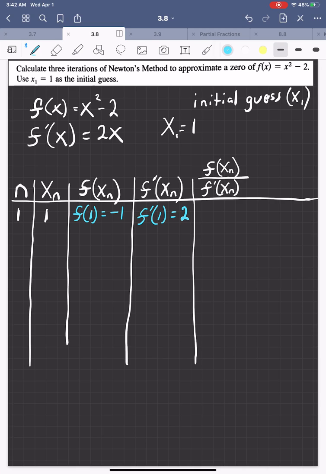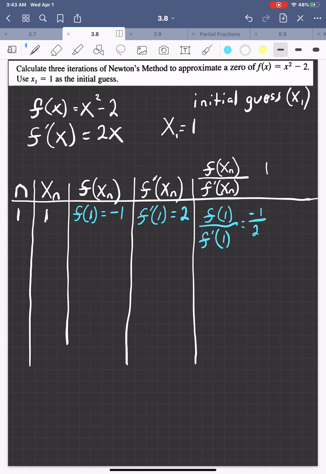So let me go ahead and write that. So this would be f of 1 divided by f prime of 1. So in this case, we would get negative 1 over 2.